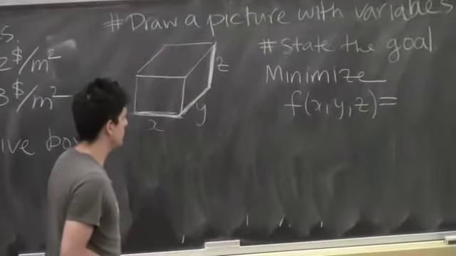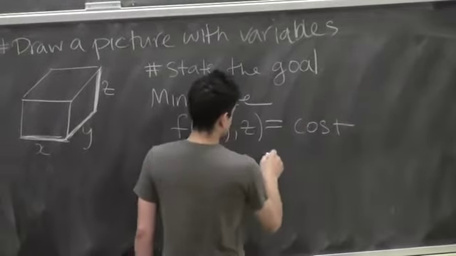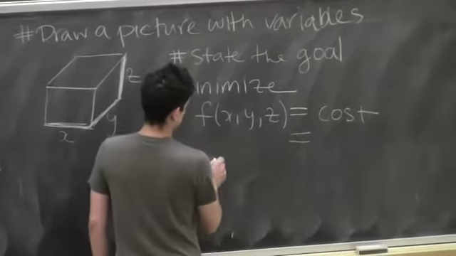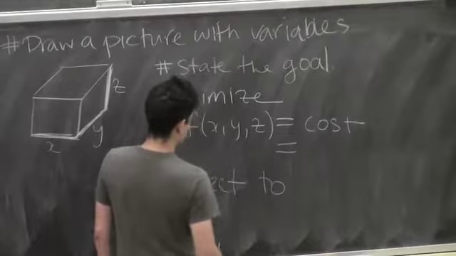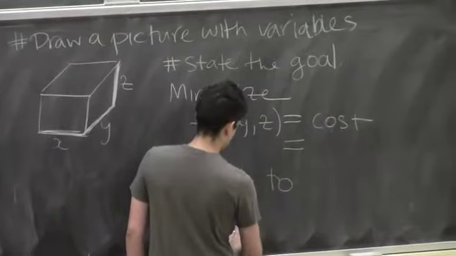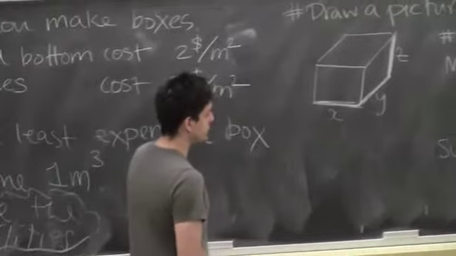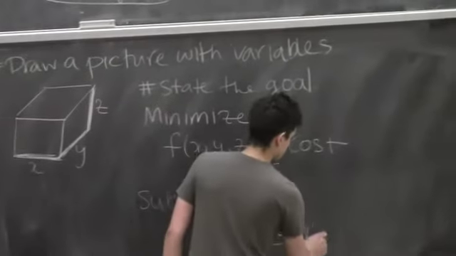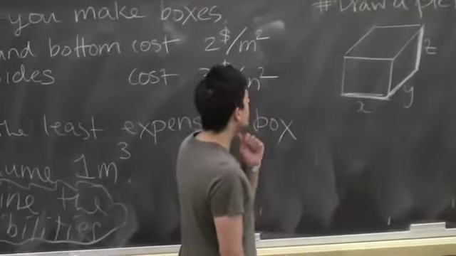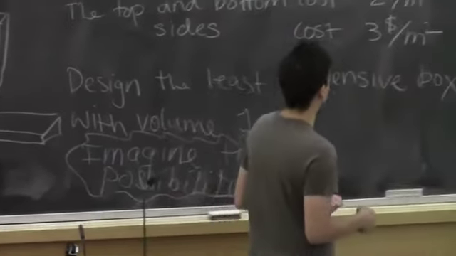So we want to minimize this cost function, and we'll figure out what that is, subject to this volume constraint. Right? Subject to the constraint that the volume is equal to 1. So that volume will be xyz. And we have to spell out the details of our cost function now.